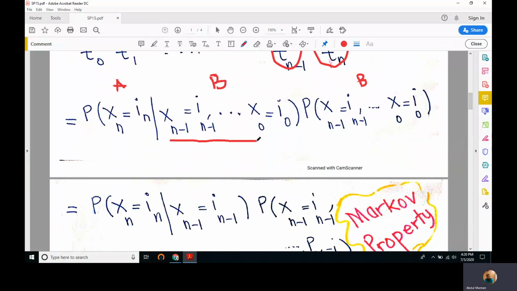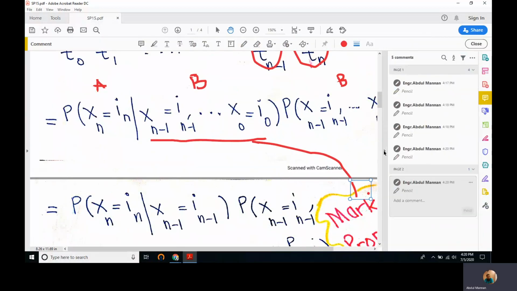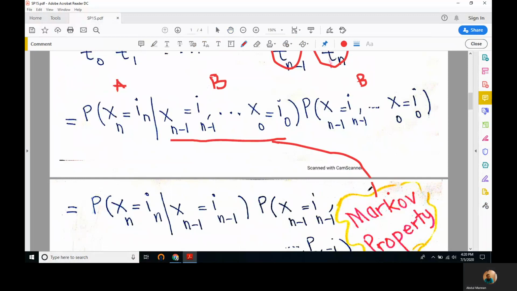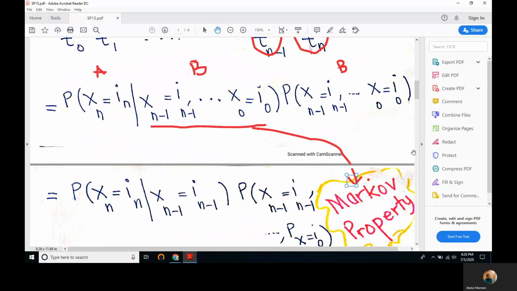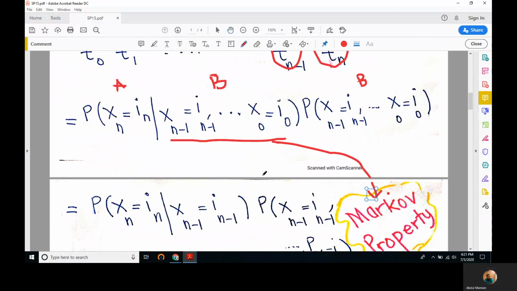Here we can apply the Markov property, because the Markov property suggests that the probability of an event at n is dependent only on the one recently happened event and is independent of everything that has happened before.